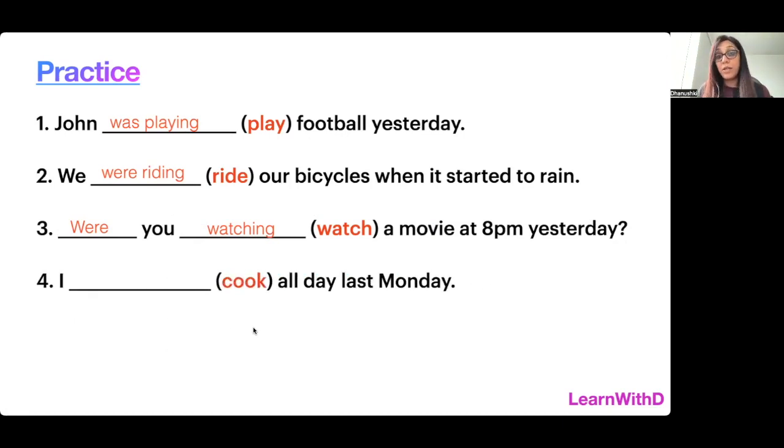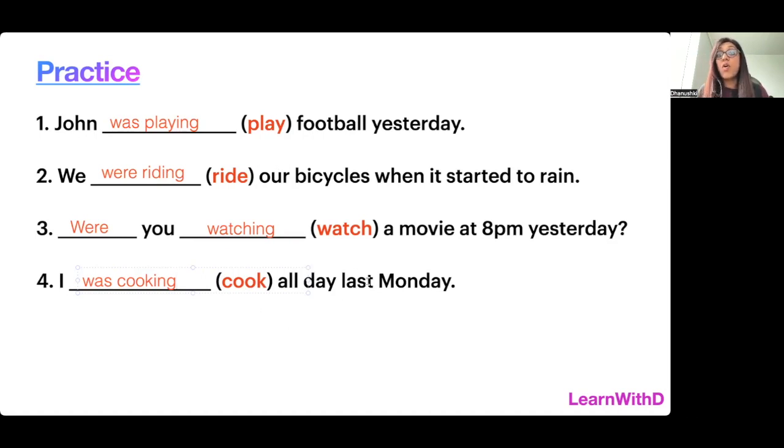I blank, cook all day last Monday. Did you get that? I was cooking all day last Monday. So again, why were we using the past continuous?